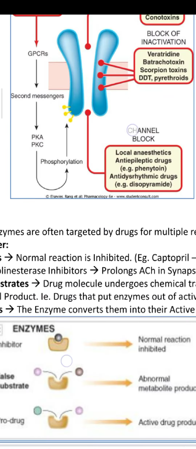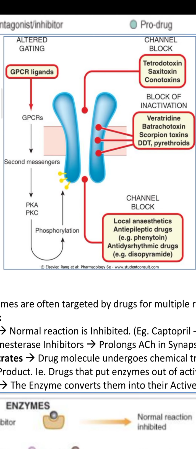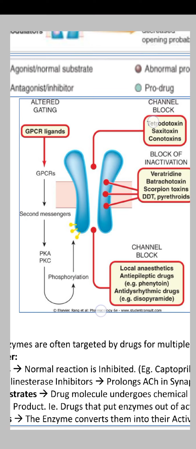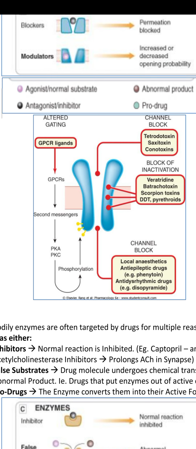So there is altered gating. The gating is altered by the GPCR ligands, which send second messengers, PKA or PKC. Thus phosphorylation occurs in the receptors.